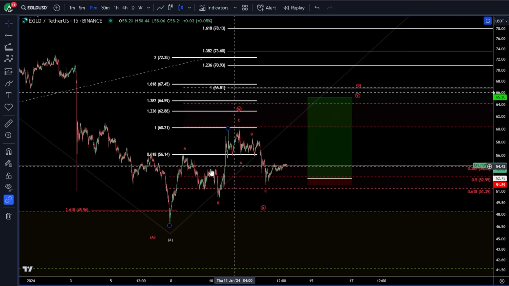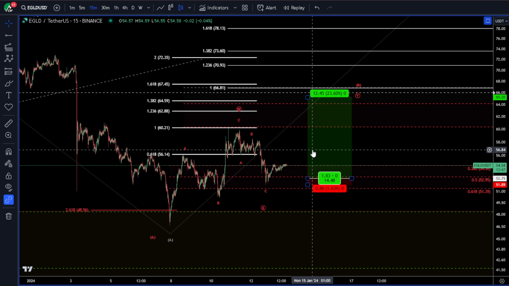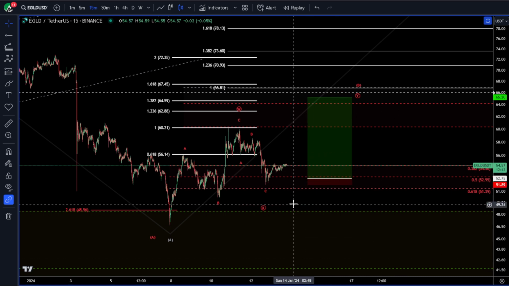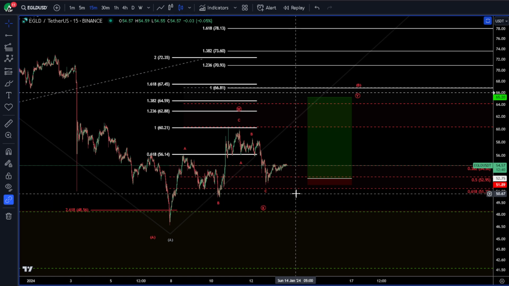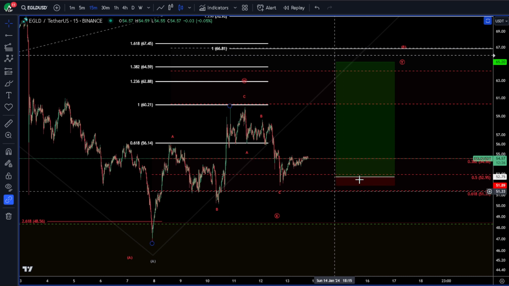We would expect this to be most likely a flat or a triangle, since we have a zigzag for our W wave. And we haven't retraced back to the 70%, which would be required for a flat of this move here. So that's where my stop is.